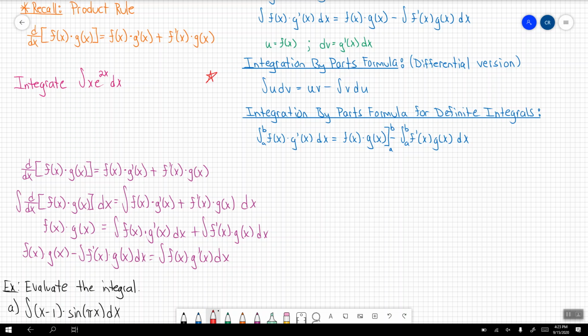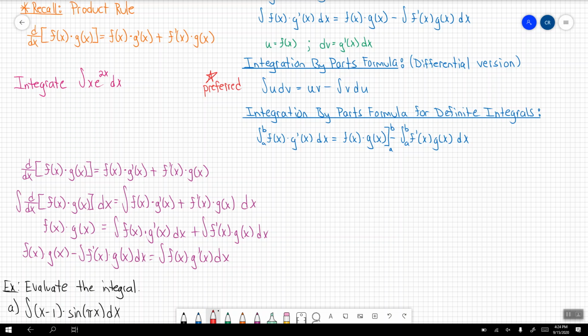This is my preferred method as to how we want to use integration by parts, simply because we can identify the individual functions without ever actually having to go into f of x, g of x, f prime of x, and so on and so forth.